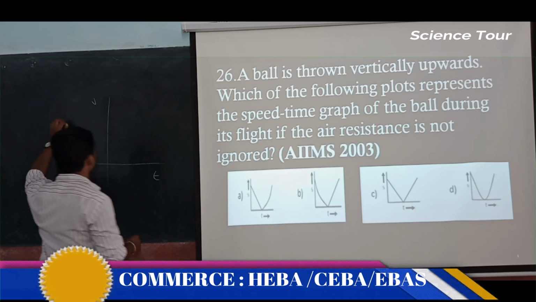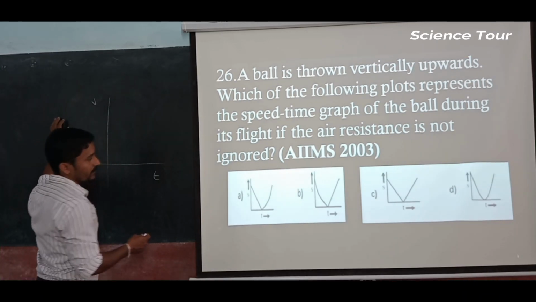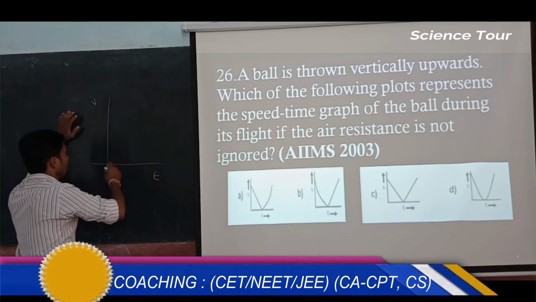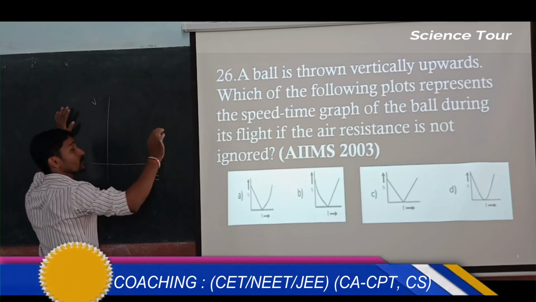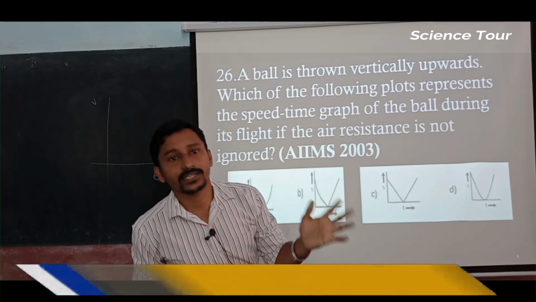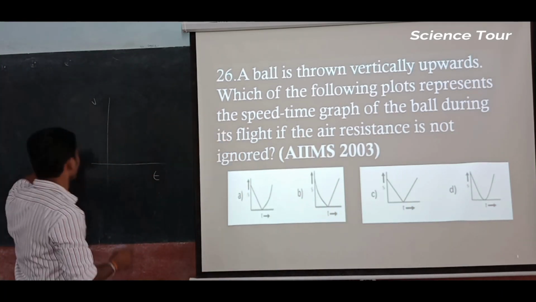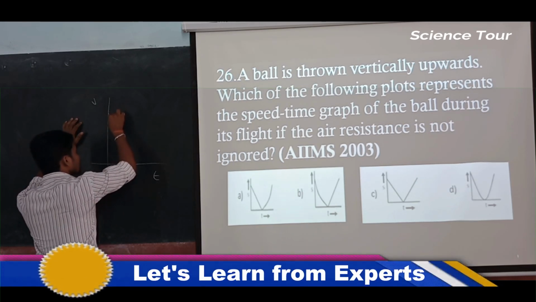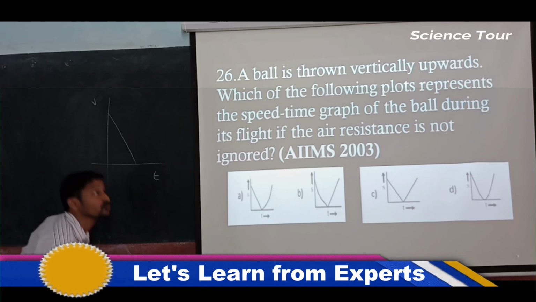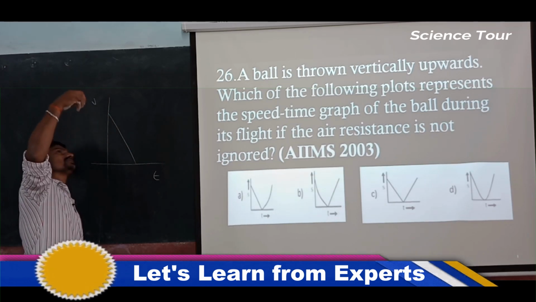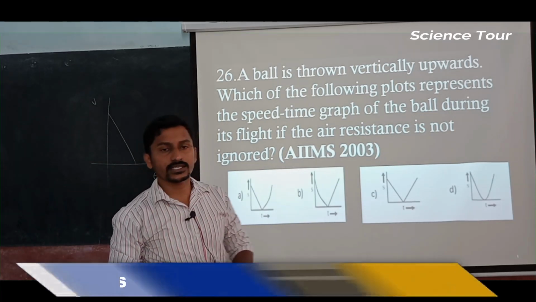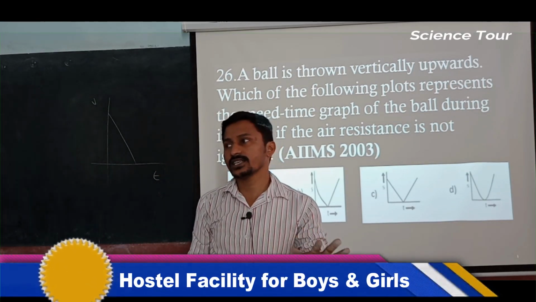Now what happens when a ball is thrown vertically upwards? If suppose air resistance is not there, we have studied the case of no air resistance. Air resistance not there means velocity goes on decreasing and becomes zero. That is because it has constant acceleration.